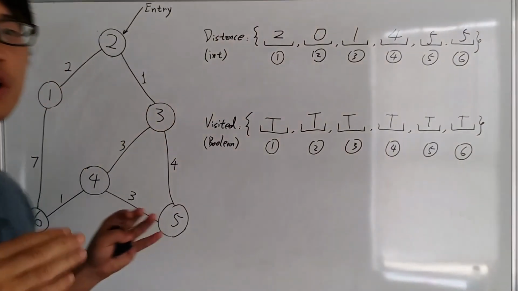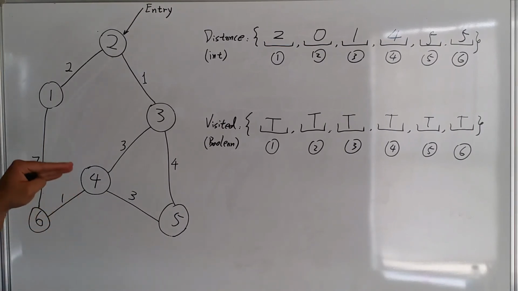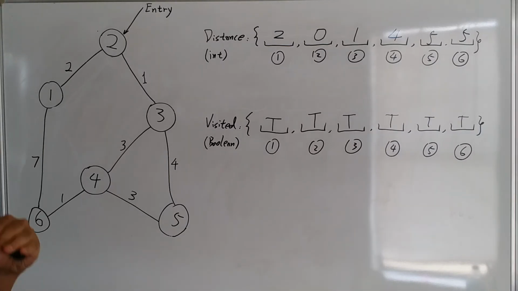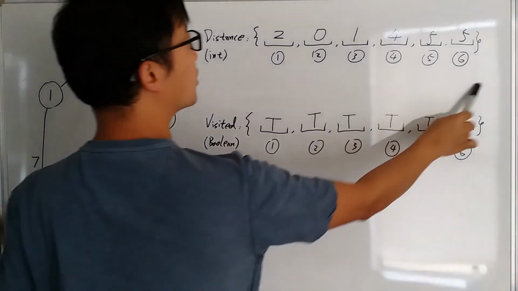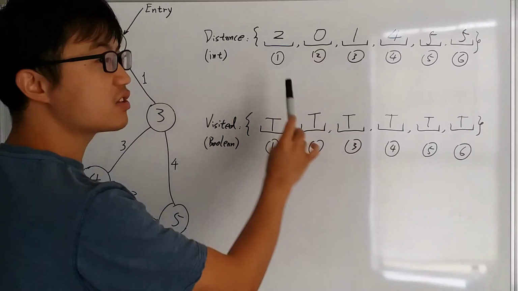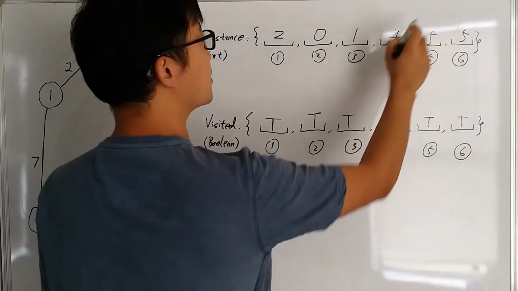Okay, so the question is, what is the final answer for this question? The final answer is that we have to compare all the values here. We find the largest distance for every node. So here, we find the largest distance is 5.